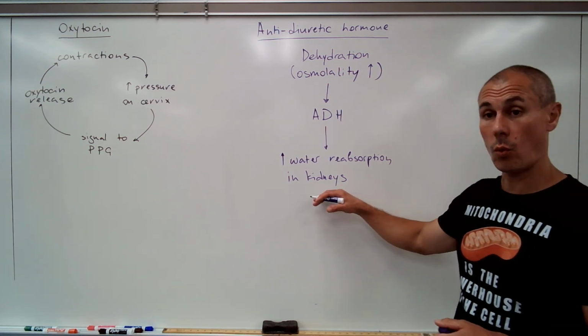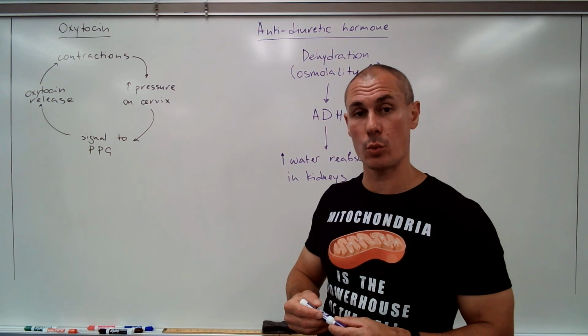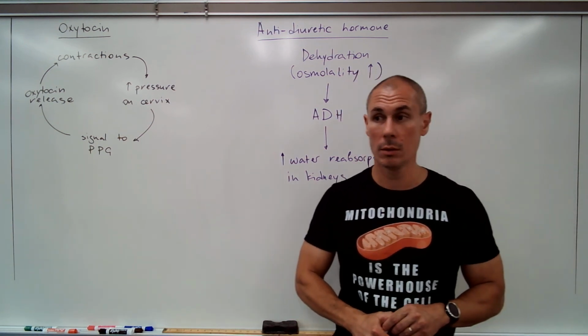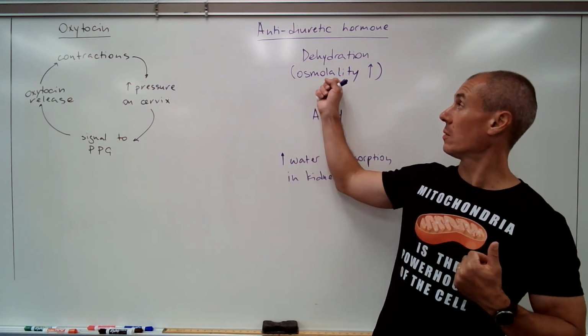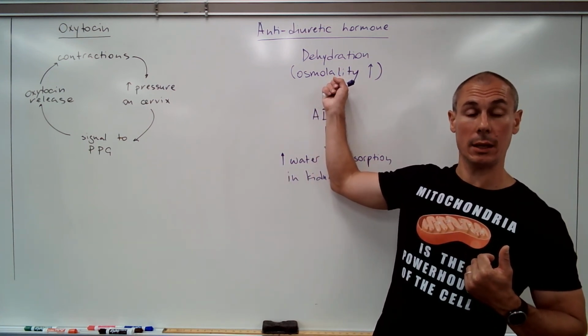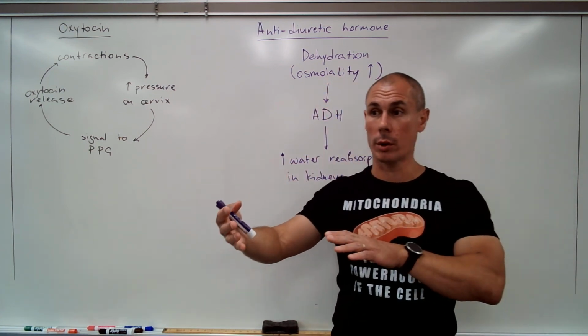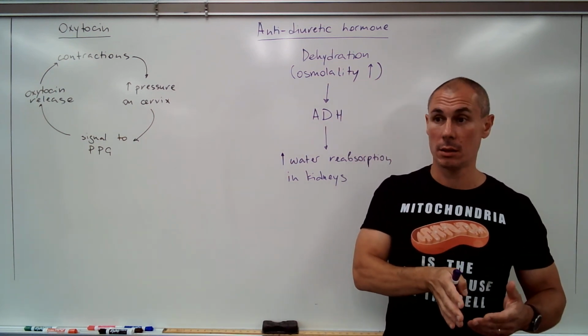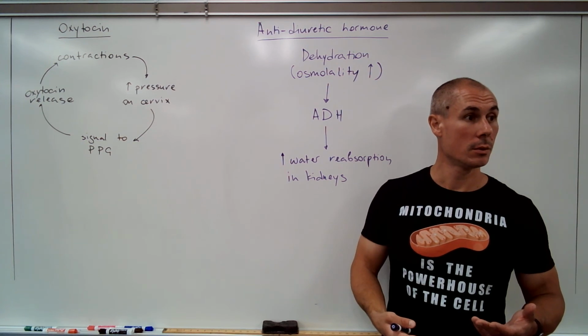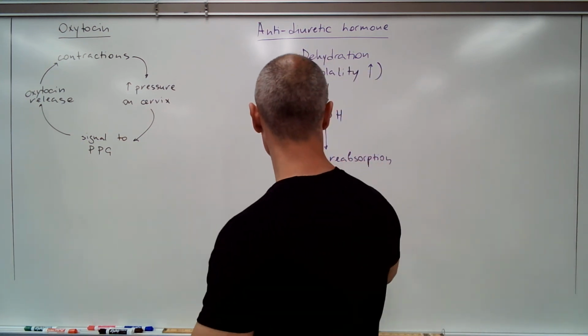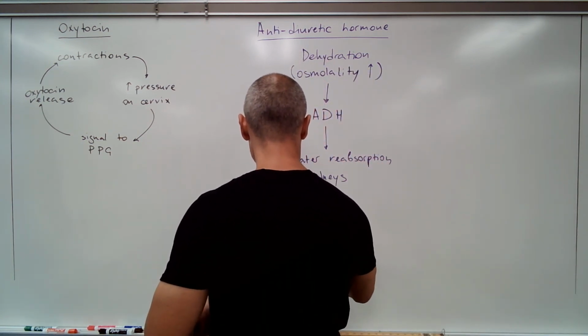Now, when you increase water reabsorption, when you start taking water out of your urine, what happens first of all to osmolality? When you bring water back into the blood, what happens to the concentration of all the solutes? Decreases, yes, it goes down. So first, osmolality goes down.